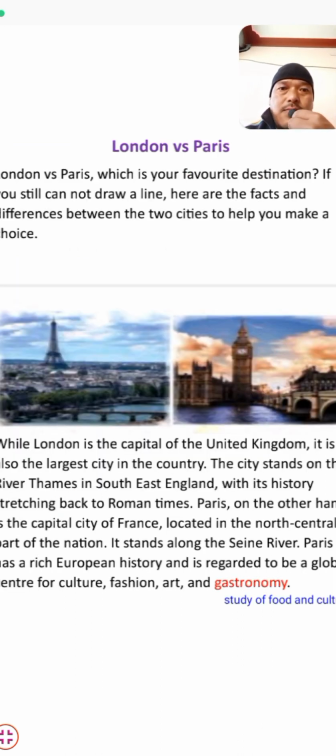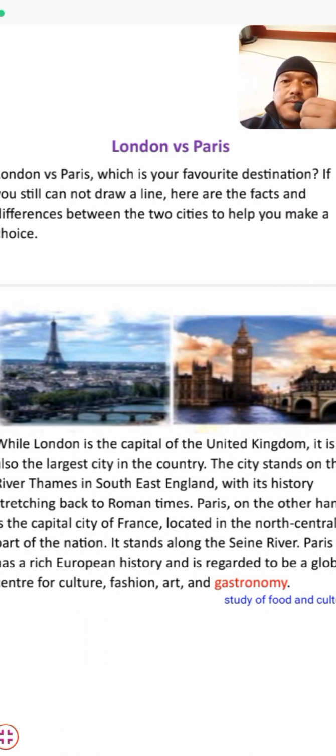In the pictures, students, one picture is from Paris and the other is from London, and it's very clear. The first picture is the Eiffel Tower in Paris. The second one is a clock tower in London. So in this chapter, we are going to compare London and Paris.